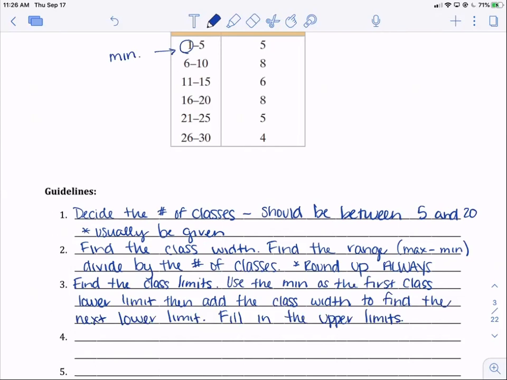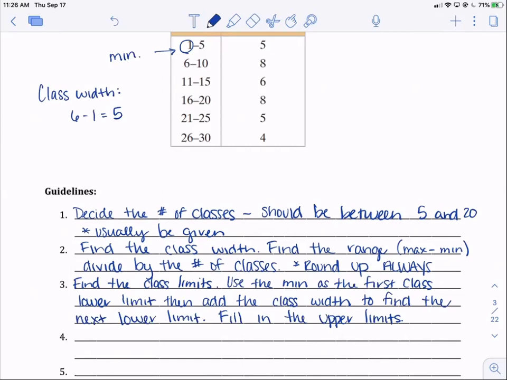And then we can find our class width. You're going to see this on your homework, which is why we're going over it, by subtracting the 2 lower limits. Okay, so 6 minus 1 is 5. And if you notice, from every lower limit, they all differ by 5.